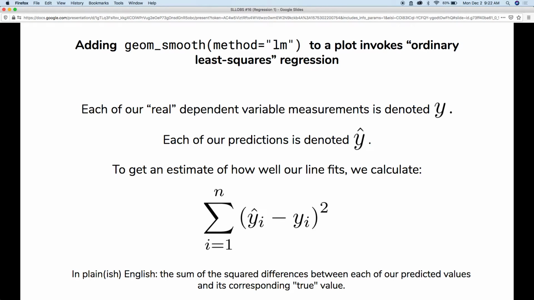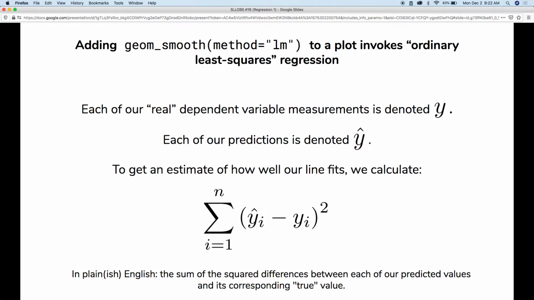And to get an estimate of how well our line is fitting, or how well our predictions match our real data, for every single value of y, we'll take the prediction that we've made, which is y hat sub i, we'll subtract the real data to get a sense of how close our prediction is, and we'll square it to account for the fact that sometimes our prediction is actually going to be less than the observed value. We're going to get negative values in here some places.